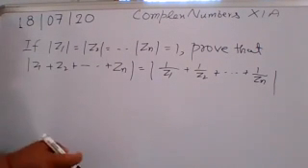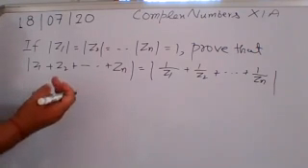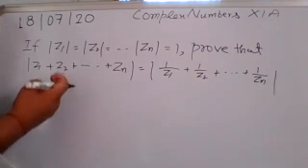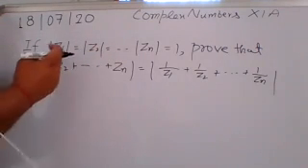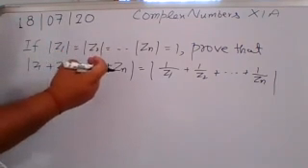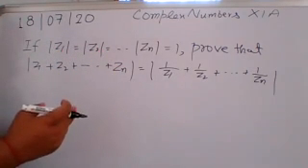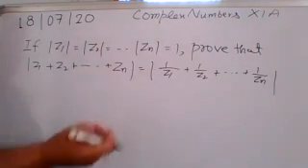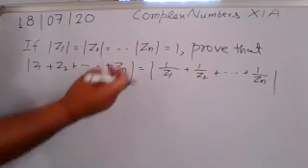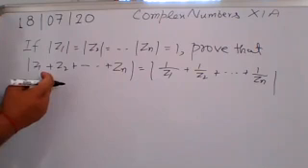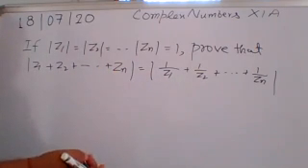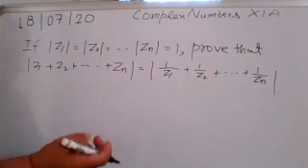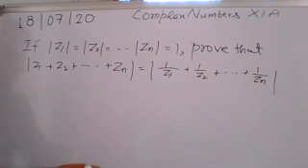Now think about the solution. What is given here? You have mod of Z1, mod of Z2, mod of Zn, all equal, and that is equal to 1. So you have to prove that mod of Z1 plus Z2 up to Zn is equal to mod of 1 upon Z1 plus 1 upon Z2, up to 1 upon Zn.